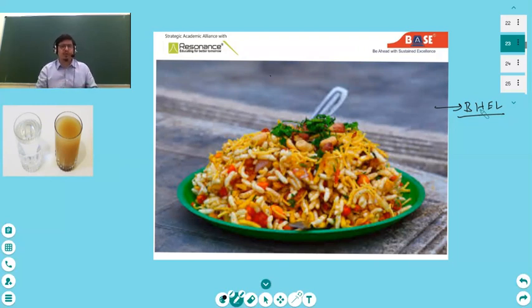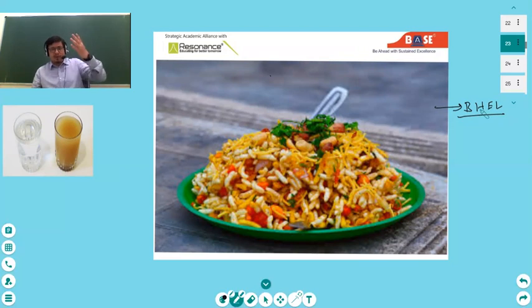You can use a spoon or fork also to remove it. And next, inside bhel, onion remains onion. The taste of onion remains exactly like onion. The taste of potato or tomato, whatever you add, remains the same. It means the constituent particles that bhel is made up of do not change.